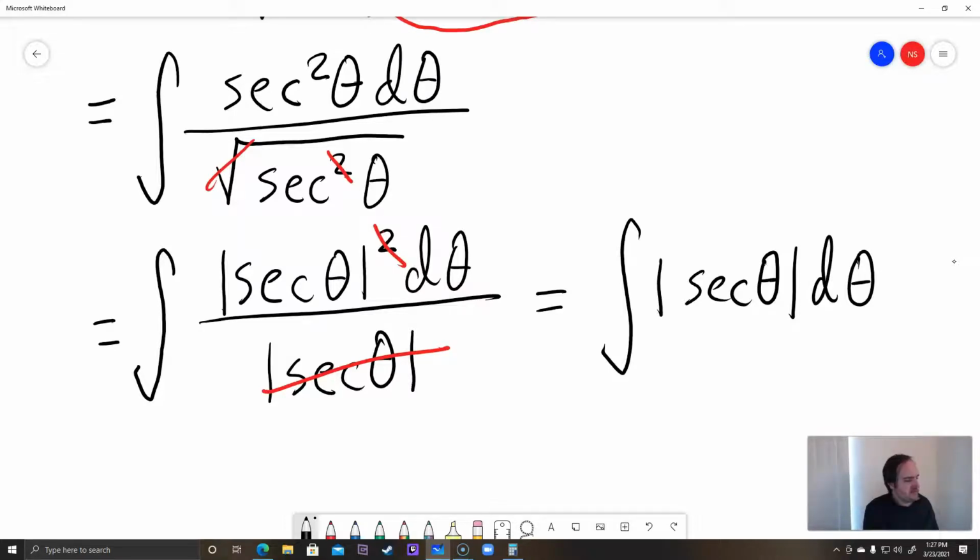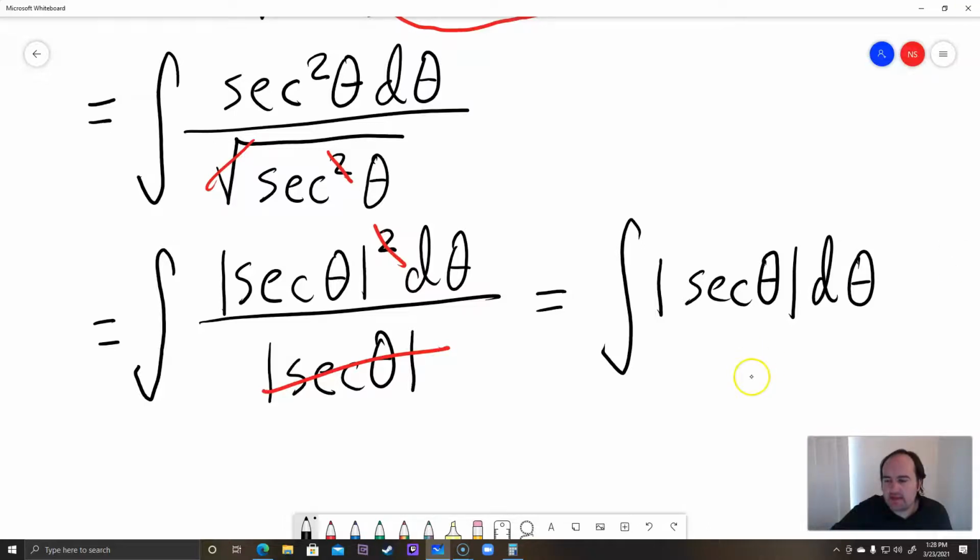Now I did do this in a previous video and I kind of waved my arms a little bit about it. So basically what they do on my math lab here is they go ahead and just write it as the integral of secant of theta. And the reason they say they're doing that is they're saying that theta has to be between negative pi over 2 and positive pi over 2.